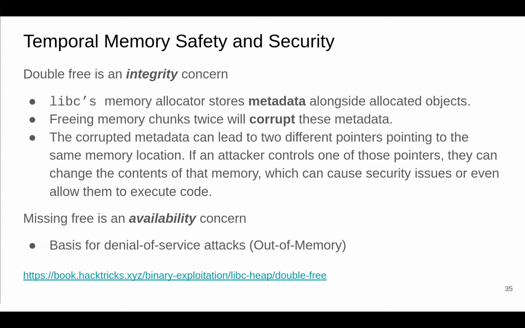When you free it, the memory allocator looks at this metadata, uses it as information to free the object, and stores some other pointer in here when it adds it back to the list. If you free it twice, this data has been corrupted and you're using the wrong data. So this means that there are potential issues for reuse.